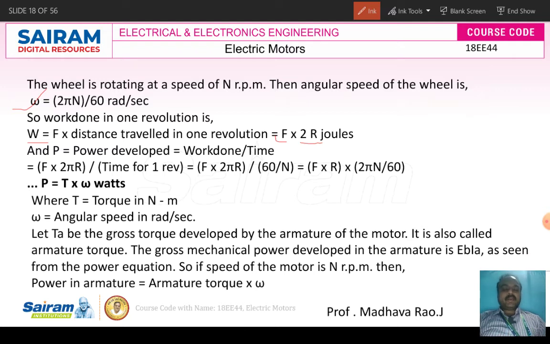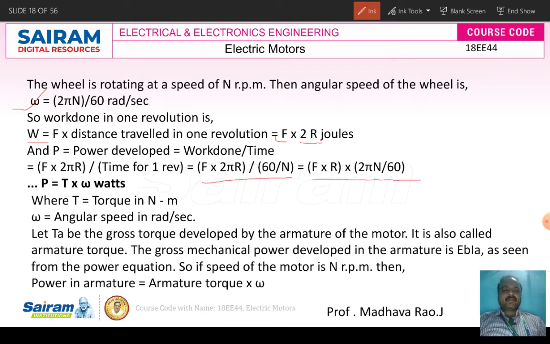Then power developed. Power is work done per unit time. So work done by time is F into 2 pi r divided by the time for one revolution, which is 60 by n.